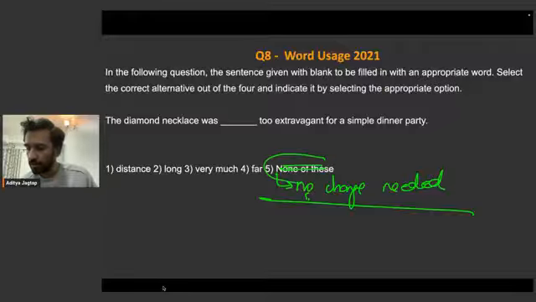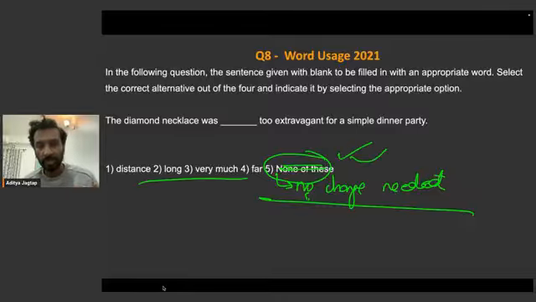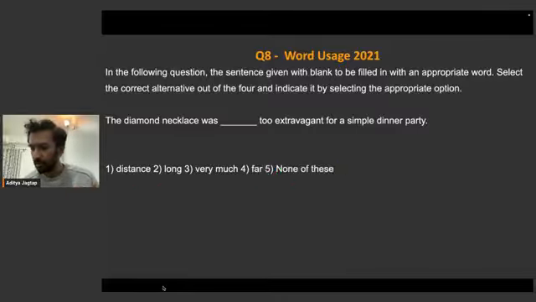So a lot of students, because of this, will get a sentence correction question in which one of the options will be no change needed. NMAT will do it, SNAP will do it. So if you've taken those exams, by default many students quickly might end up marking 5 here. Remember, for your MHCT exam, none of these is an option given. No change is not an option given.